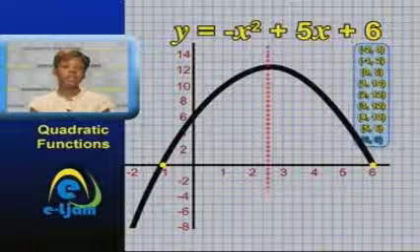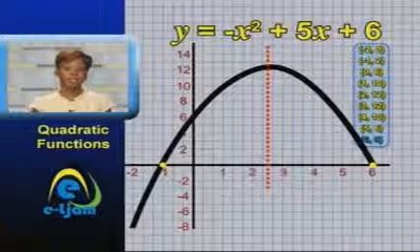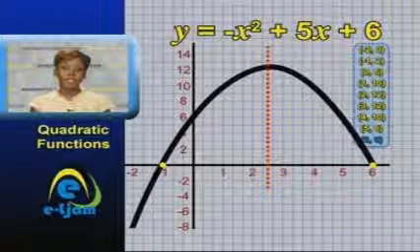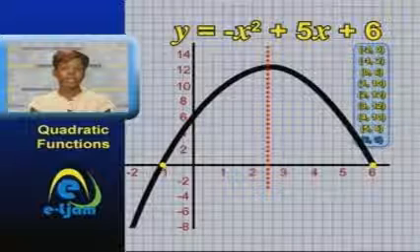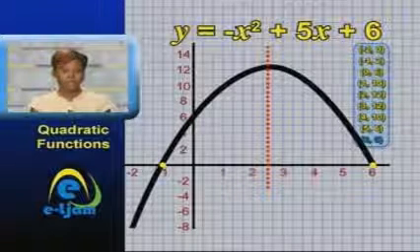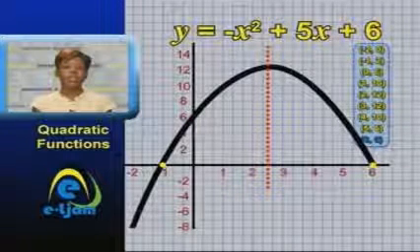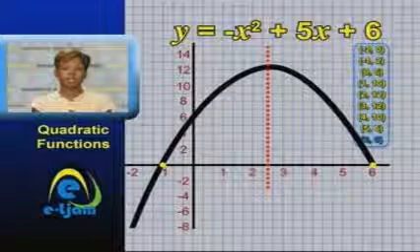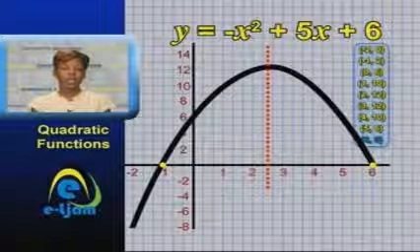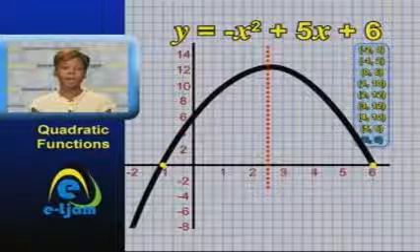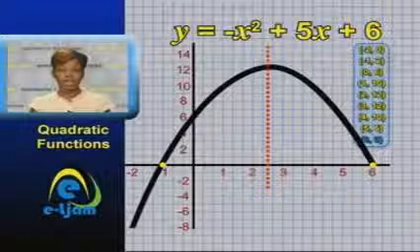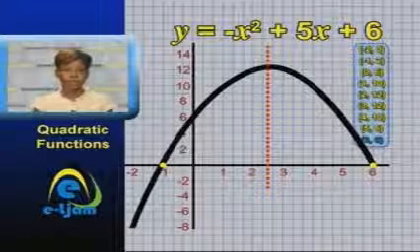If we folded the curve so that it maps onto itself, we see that a line which divides the curve into two identical parts is formed, which passes through the turning point. This is the axis of symmetry. The equation of the axis of symmetry can be obtained by reading off the x-coordinate of the line and equating.